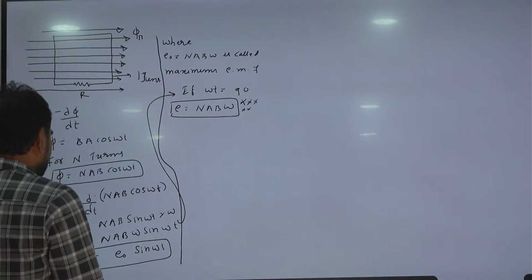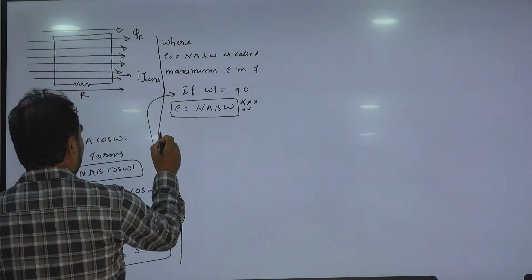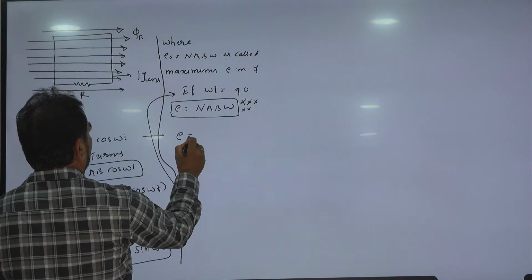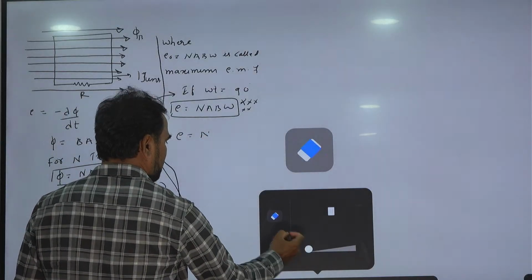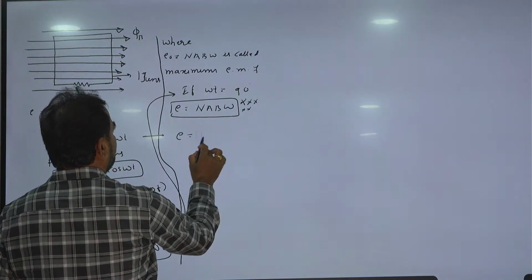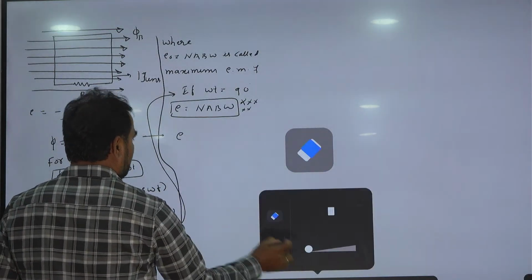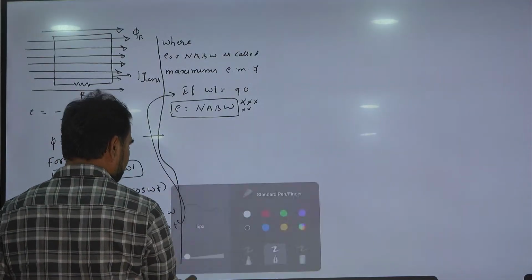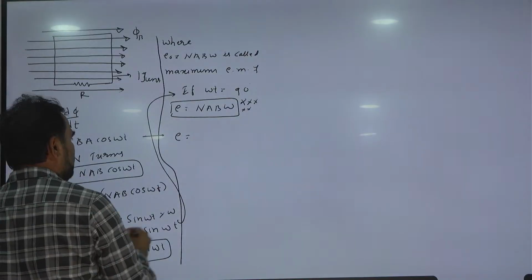But what is the instantaneous EMF? The instantaneous EMF is E is equal to E naught into sin omega t.